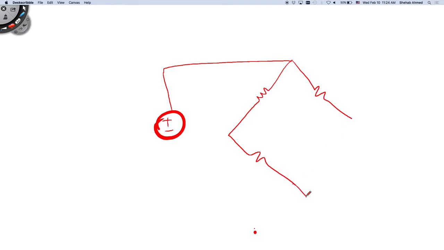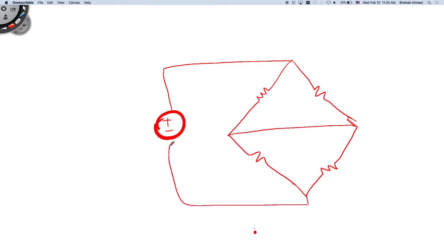Maybe hard for me too, because I haven't solved in a while. Find the values of I1, which is here, and I2.